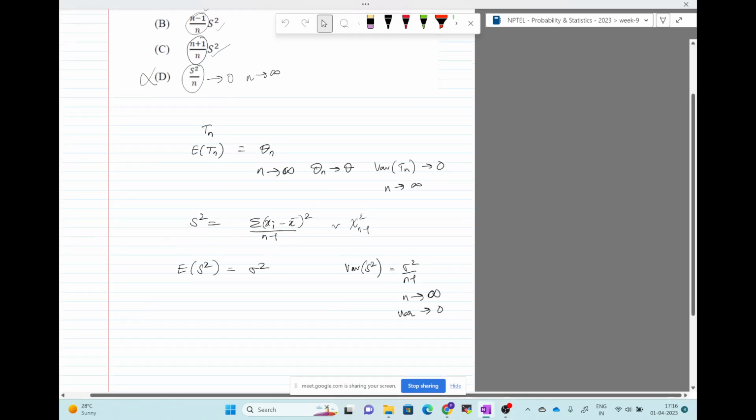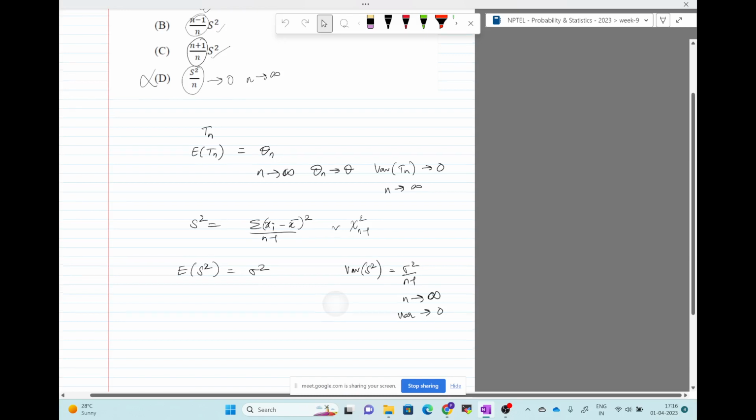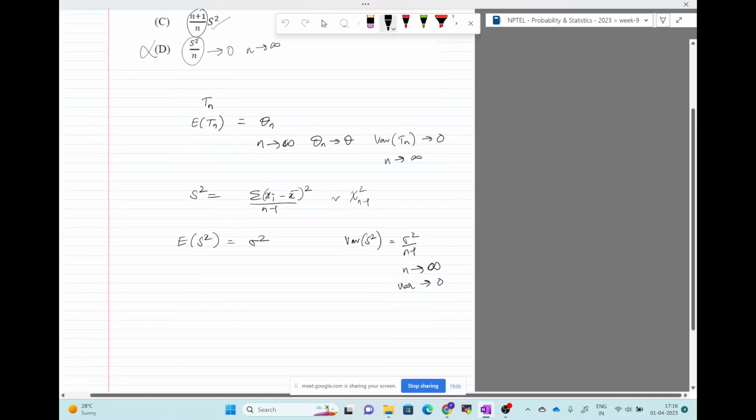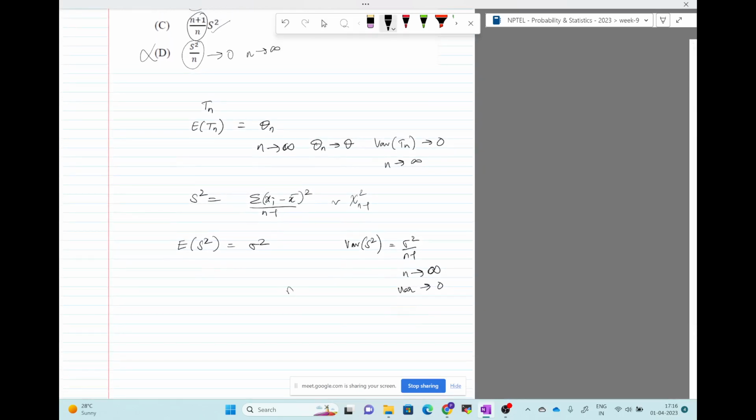And one more thing, n minus 1 into s square by sigma square is actually following a chi-square n minus 1 distribution. So does it also mean that s square is also following the same distribution? Oh yeah, you're right.